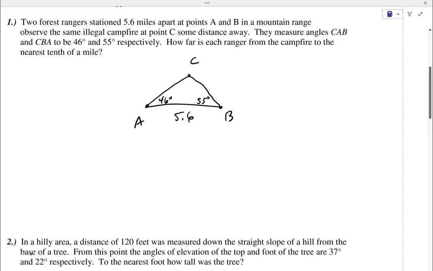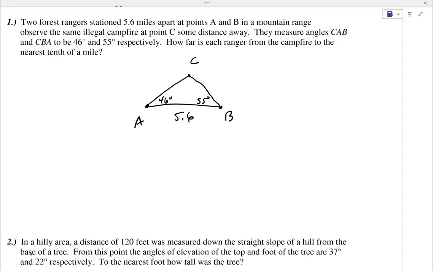And the problem's asking you to figure out what? Relative to the triangle, what's it asking you to find? The two other sides, right? So basically it's asking you to solve the triangle without worrying about the third angle, right? It's just an application problem asking you basically to solve the triangle.